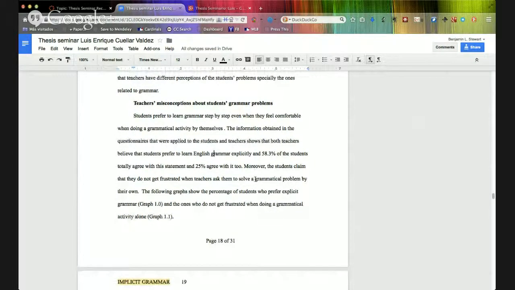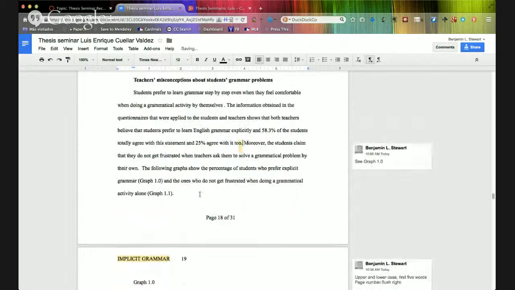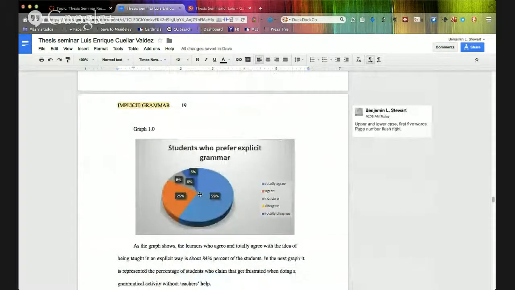Maybe reference the chart earlier, like here. In parentheses. That's a great show.